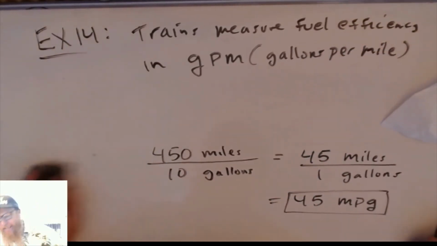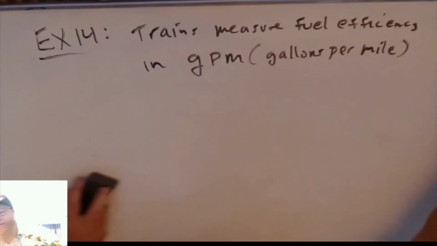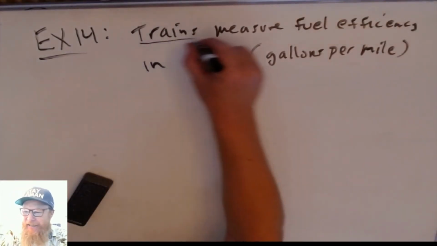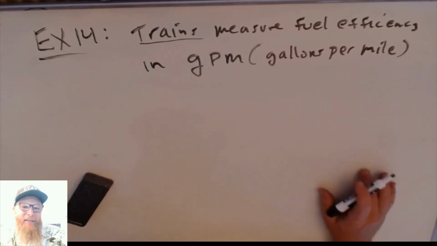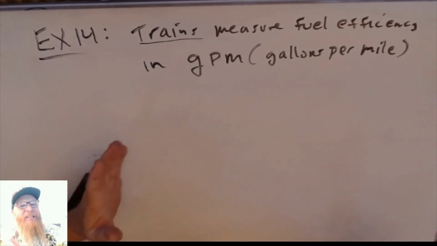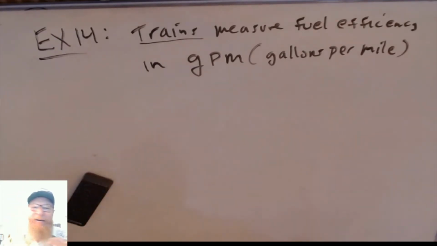Completely upside down of the way a car would measure it, which is usually miles per gallon. But trains, they use a lot of gas, right? If you ever see a big train, you see the big engine, half of it's the engine, the other half is a giant gas tank. And they carry thousands of gallons of gas to only go hundreds of miles. So it's gallons per mile.